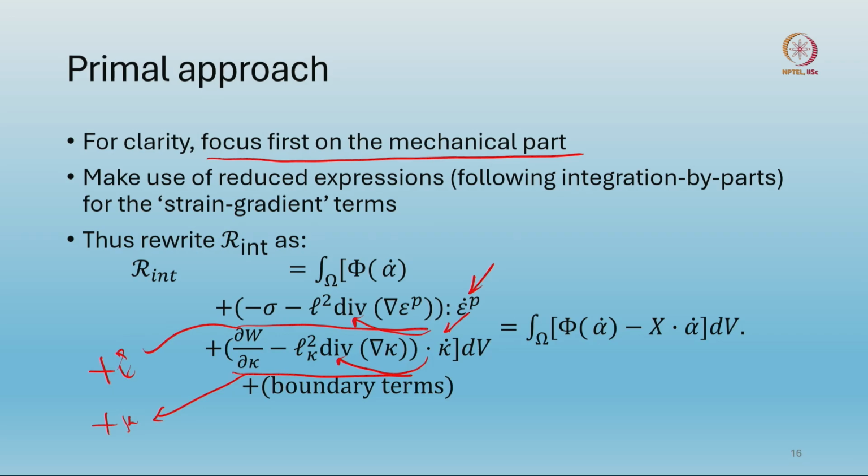If you put both these forces together as a bigger vector, then for R internal we basically have just this term: the integral of the dissipation potential minus X inner product with alpha dot, dV.